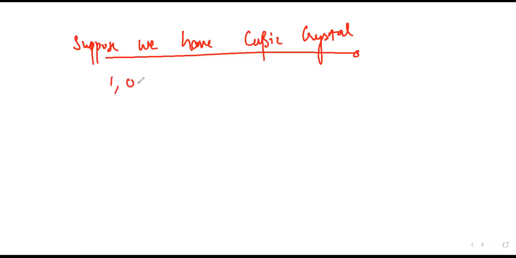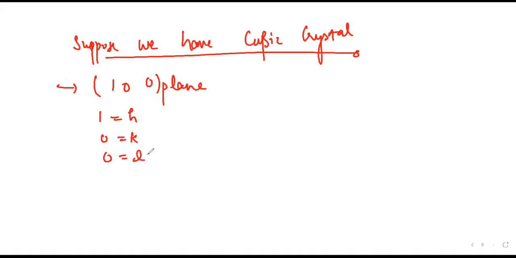If you want to sketch the 1, 0, 0 plane, what is 1? 1 will be your H, 0 will be your K, and again 0 will be your L. Now let us see how we can write it: H, K, L will be equal to A over OA, ratio B over OB, and C over OC. H is basically along the x-axis, K is basically along the y-axis, and L is basically along the z-axis.